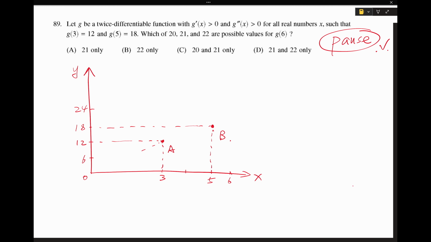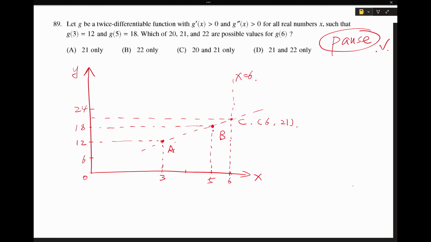If we connect these 2 points and let the line AB intersect the line x equals 6, we're going to have a point C where its y value is 21.